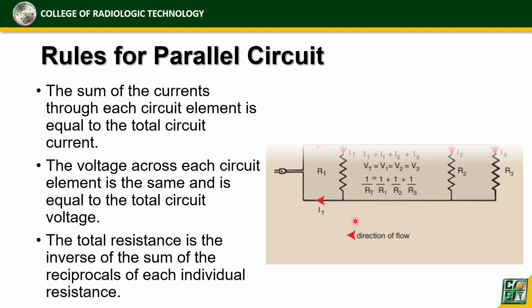So therefore, the formula is yan, total current is equal to the sum of all individual current. And the total circuit voltage is the same for each voltage in each circuit element. And of course, yung resistance is 1 over RT kasi nga siya ay inverse ng sum of each of the reciprocal ng each resistance.